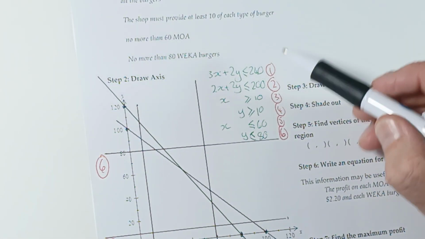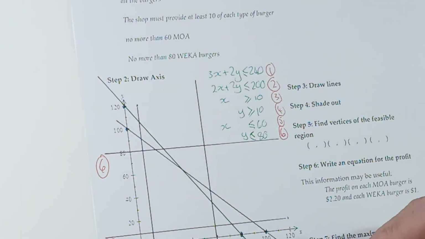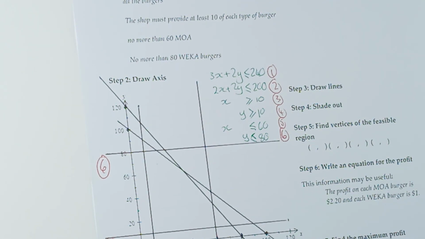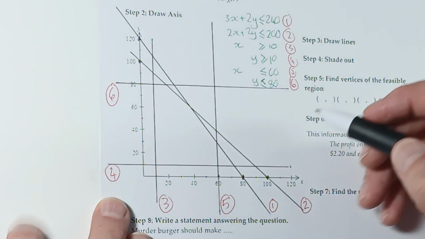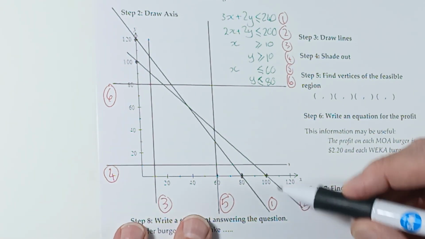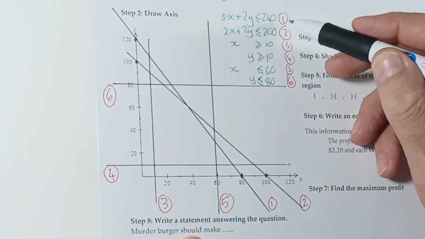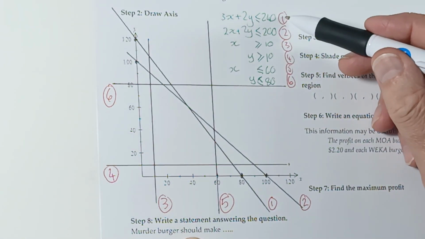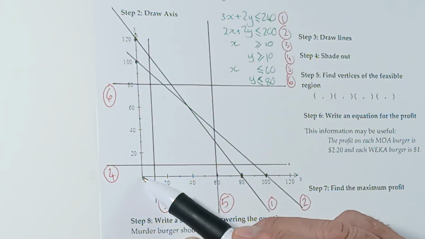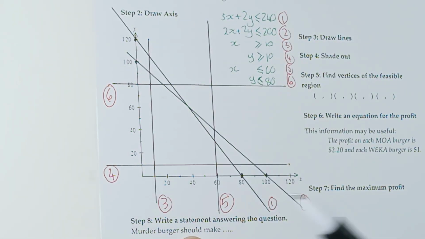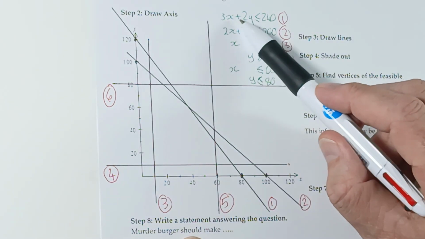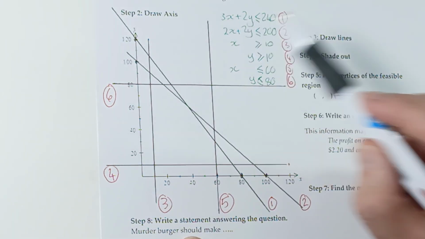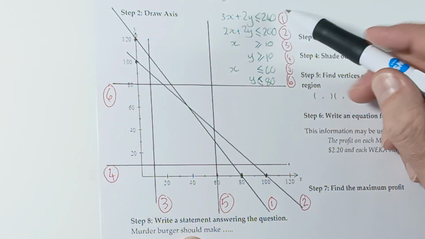So we can pick, for example, line number 1, this line here, and this line here. And we can see clearly that 0, 0 is not on that line, so we can use it to do the point test. We put 0, 0 into this function and see if this statement is still true.